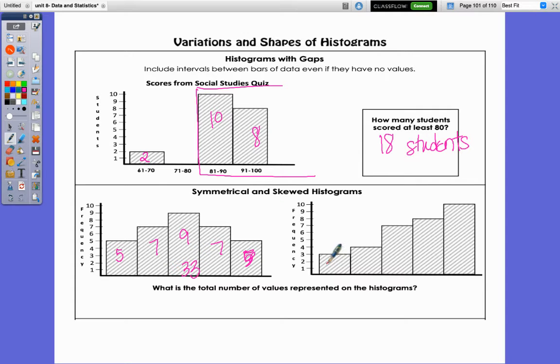Okay, and then this one is 3, 4, 7, 8, and 10. So this is 10 plus 12 is 22. This is 32. So we have a total of 65 pieces of data represented on these 2 histograms.